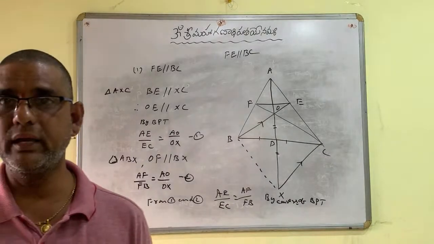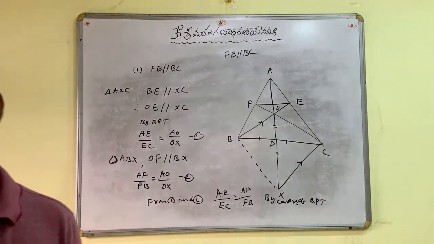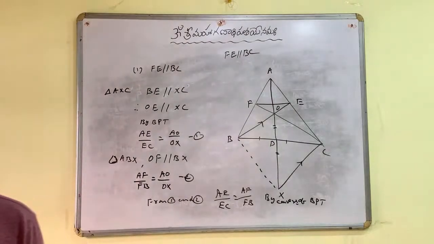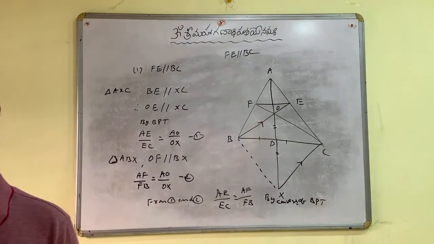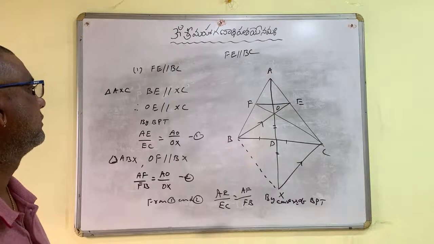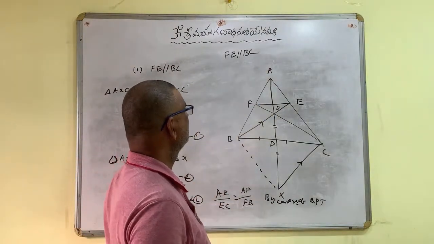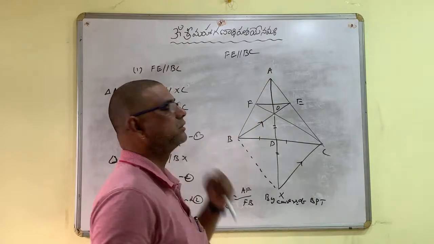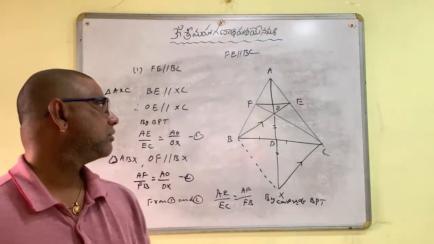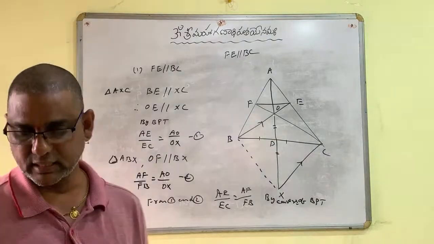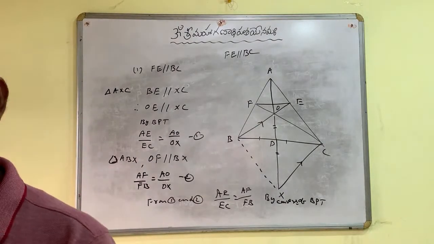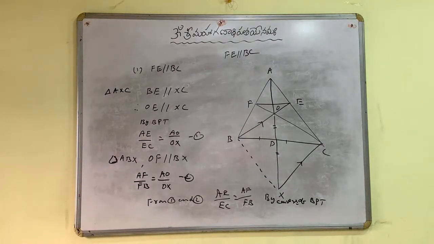Now AO by AX is equal to AF by AB. In the side triangle, AO by AX is equal to AF by AB also, because FO is parallel to BX.